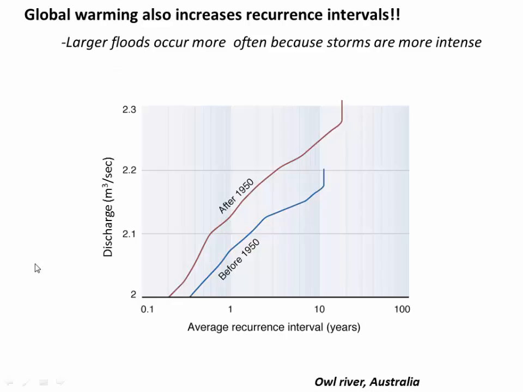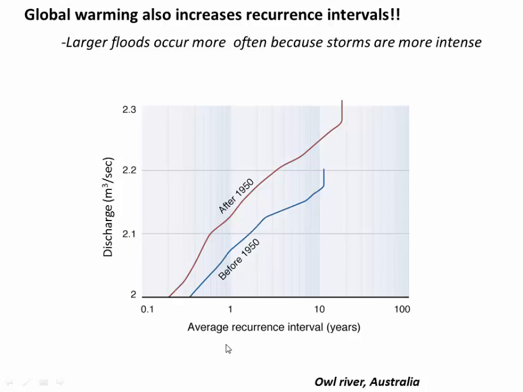And another example of the same phenomenon is global warming. We've already talked about how global warming may result in more violent storms and cause larger floods to happen more often. So that obviously would also change the recurrence interval of large floods.